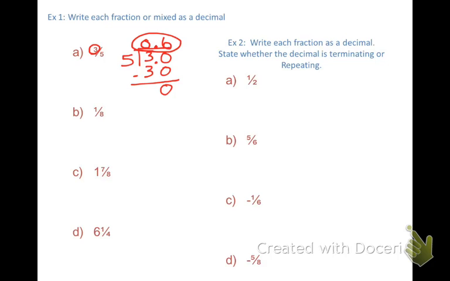B. Again, you start with 1 and have at least 1 zero. Bring up your decimal in the same spot. 8 goes into 1 0 times. 8 goes into 10 1 time.